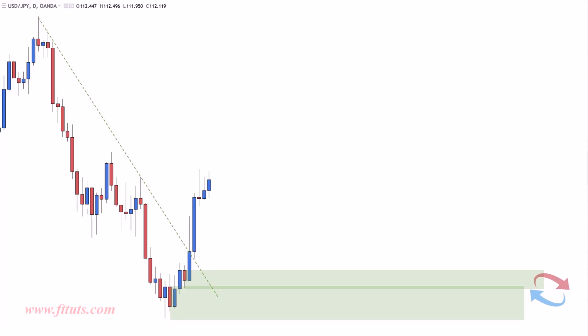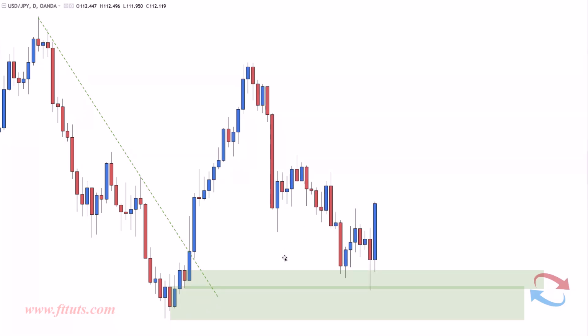Then when prices come back down into this area again, we've got our 3 candles, 4, 5, 6 candles clear of this level, and then we get price reaction and prices end up going to the upside, right?